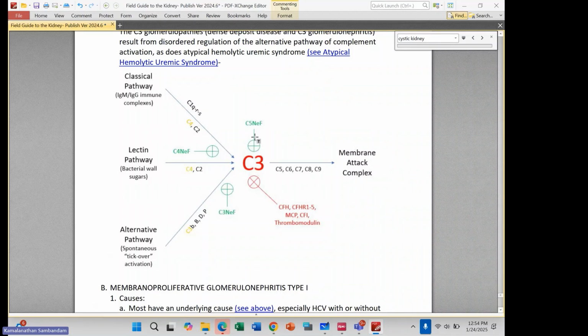Okay, and then you have this alternative pathway. You'll have to remember that C3 can spontaneously hydrolyze and start to just activate the membrane attack complex, or create the mature membrane attack complex. You have inhibitors of this spontaneous hydrolysis and unopposed cell lysis.